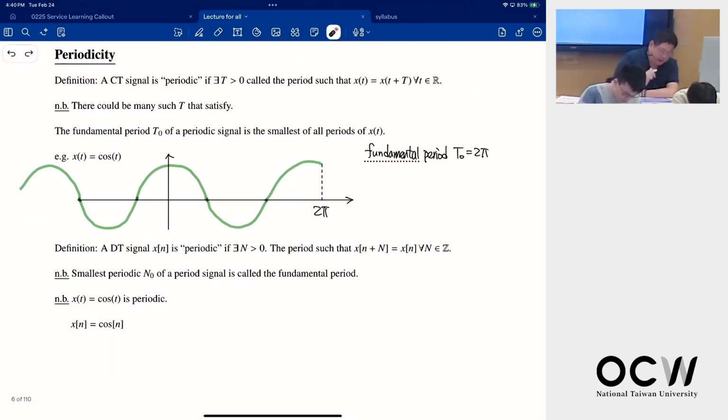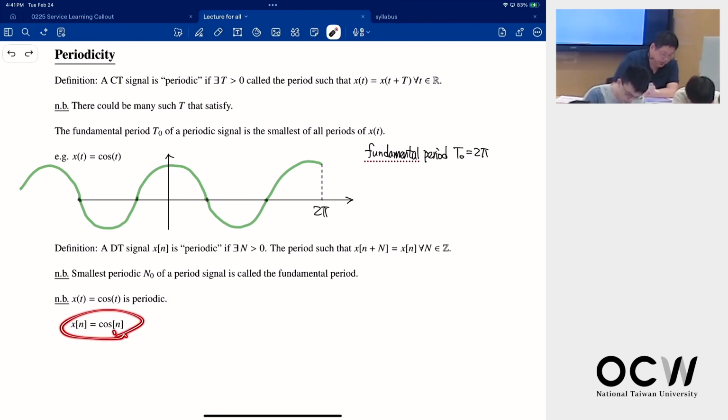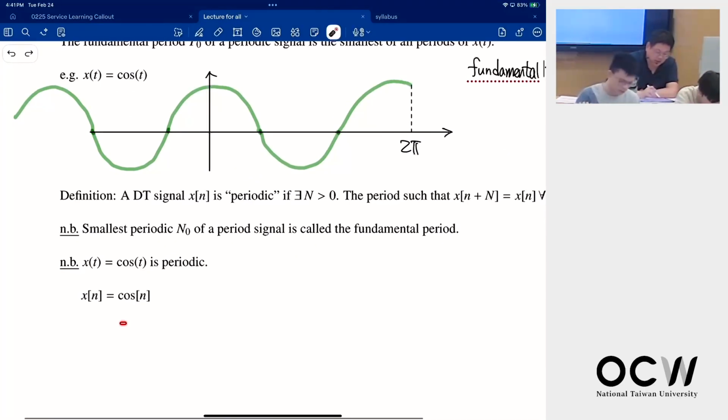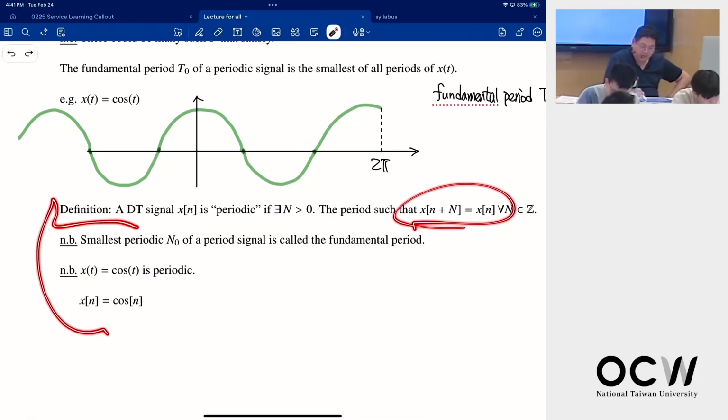Now we just learned that in the continuous case, cosine t is periodic. How about the discrete time case? Cosine n, remember this n is discrete. First let me ask you, is this periodic or not? If you don't know, we just check the definition. As long as we can find that this equation holds, then it is periodic.